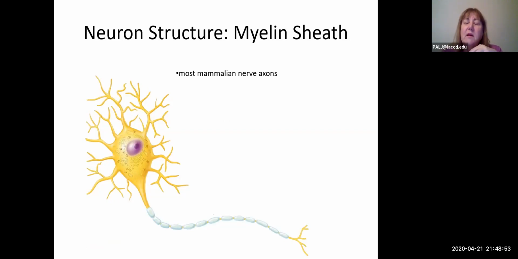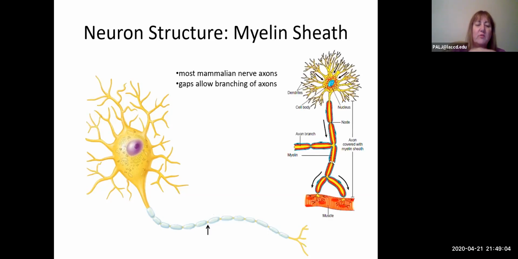Now, most nerve axons in mammals have what we call a myelin sheath, which is what is shown on this particular diagram. And so this myelin sheath is going to be made up of either these cells or parts of cells which coat the axon.